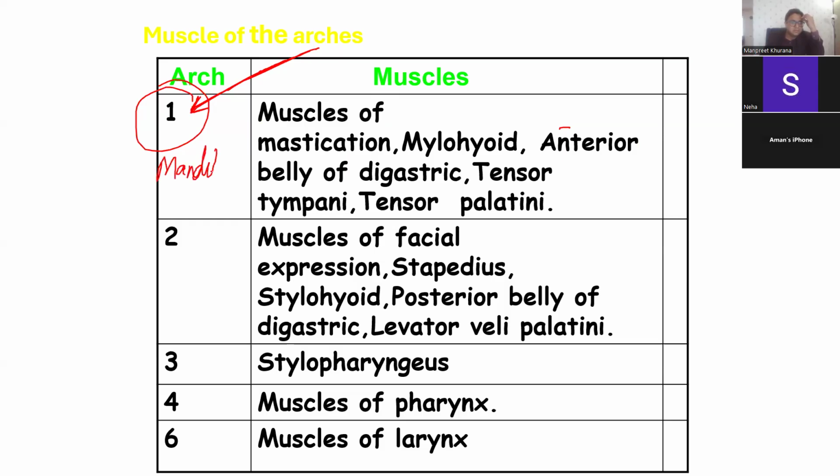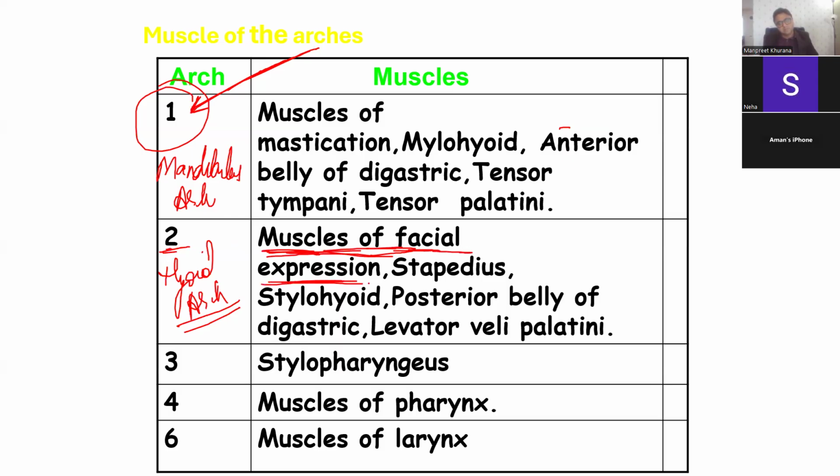First pharyngeal arch, mandibular arch. You remember? Mandibular arch, yeah. What is the name of second arch? Hyoid. Okay, no worries. Let's see why we call it mandibular arch. Can you tell me, the muscles of facial expression are supplied by which nerve? You remember? No worries. We'll discuss all these in detail.